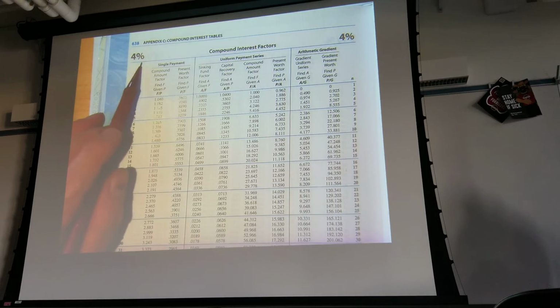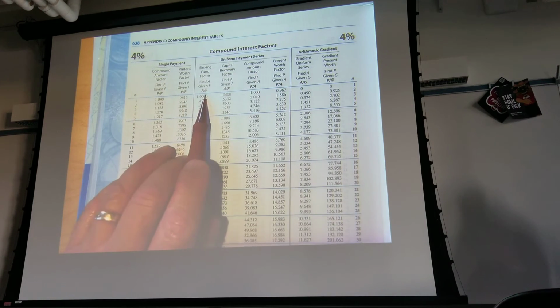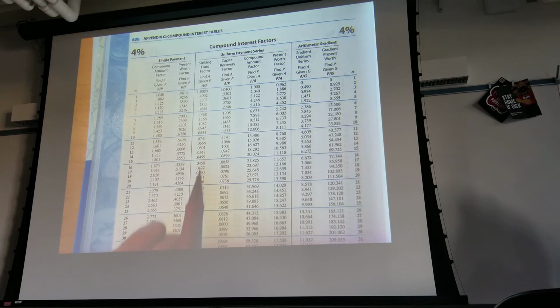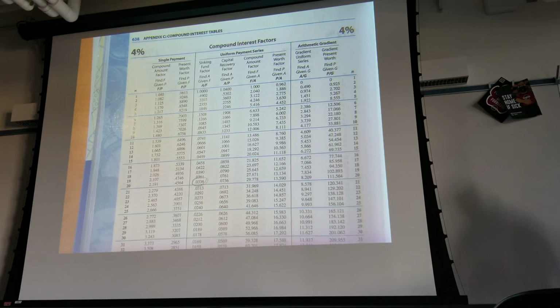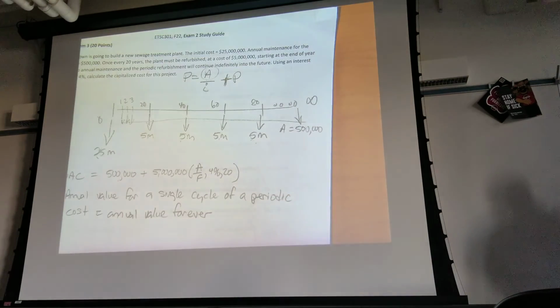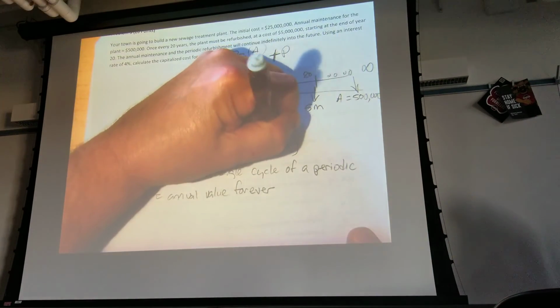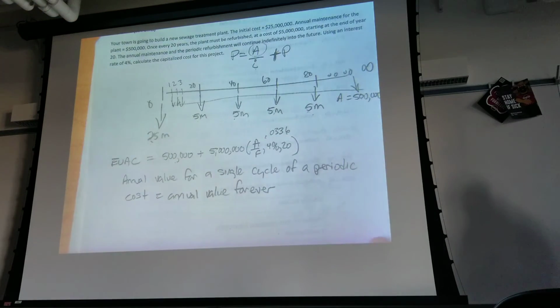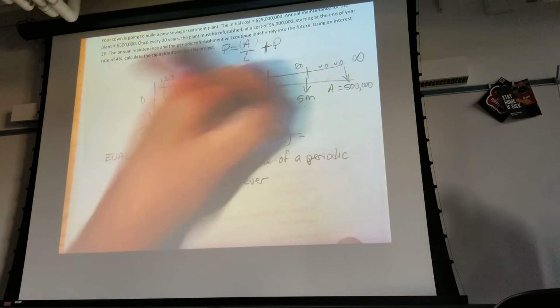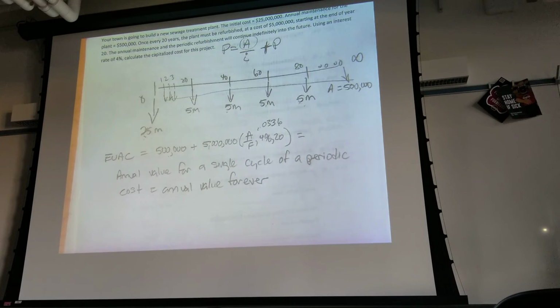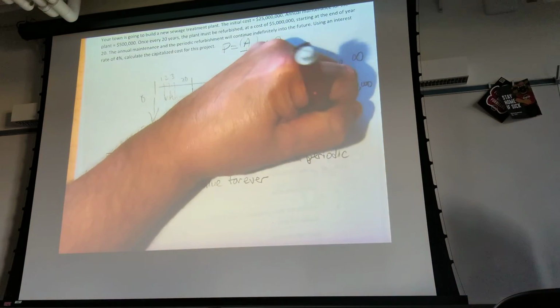Okay, so 4%, A over F, 20, 0.336. So that's 668,000.